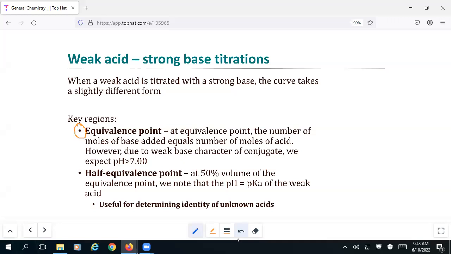Its conjugate base, in fact, is going to act as a weak base. And so what that's going to do is just raise the pH at that equivalence point. And depending upon the nature of that conjugate, it could raise it relatively significantly.